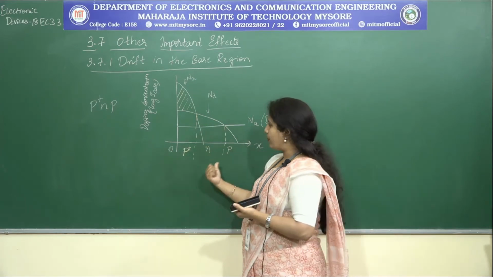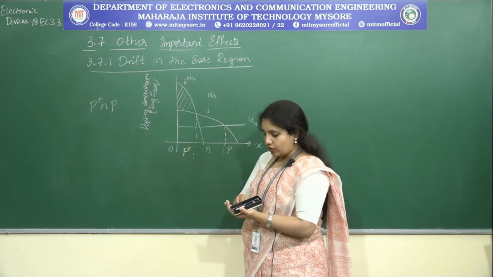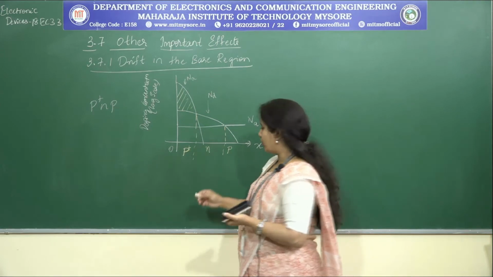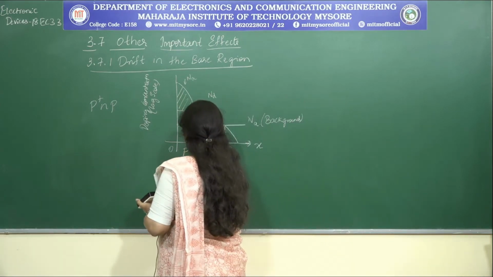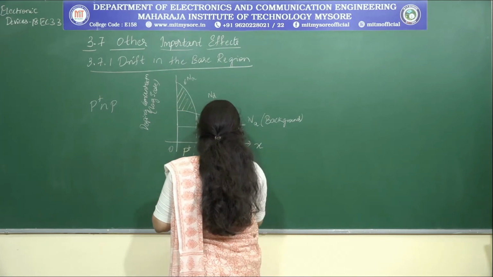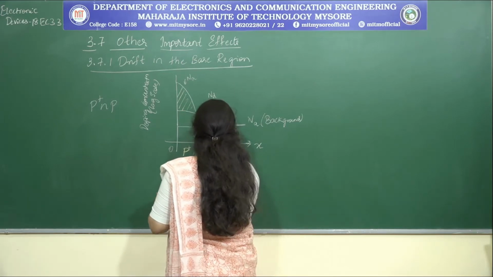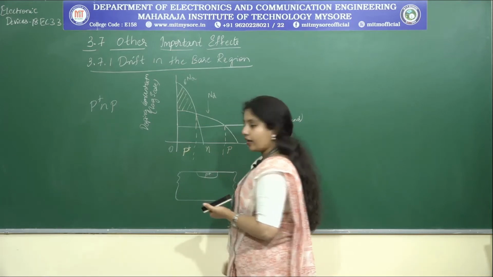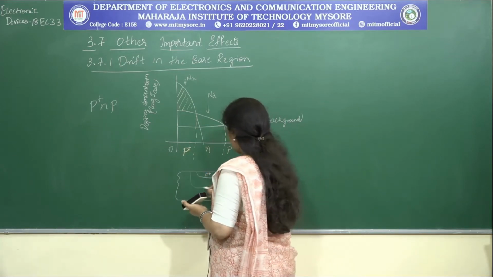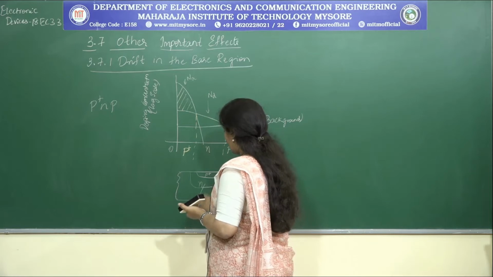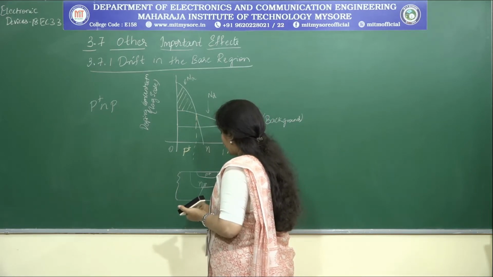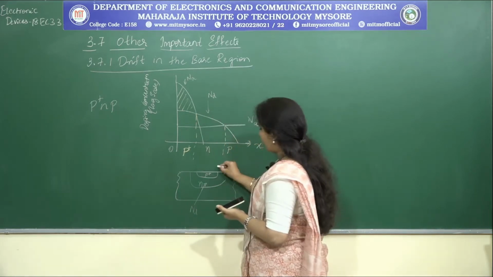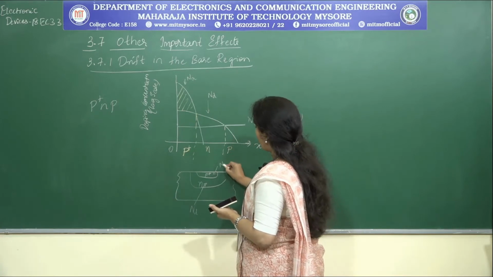If I want to represent the same in one dimension or in the cross-sectional view, it goes as follows. We have a sharp P plus emitter region, then comes the N region. What is this N region doped with? Nd. What is this region doped with?